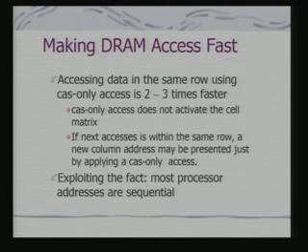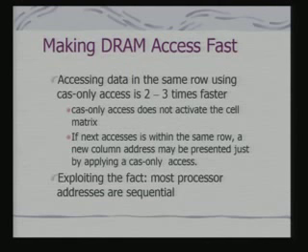Now, how can I make DRAM access faster? Accessing data in the same row using CAS only, access is 2 to 3 times faster, because you are not paying for the row access time. So, CAS only access does not activate the complete cell matrix.